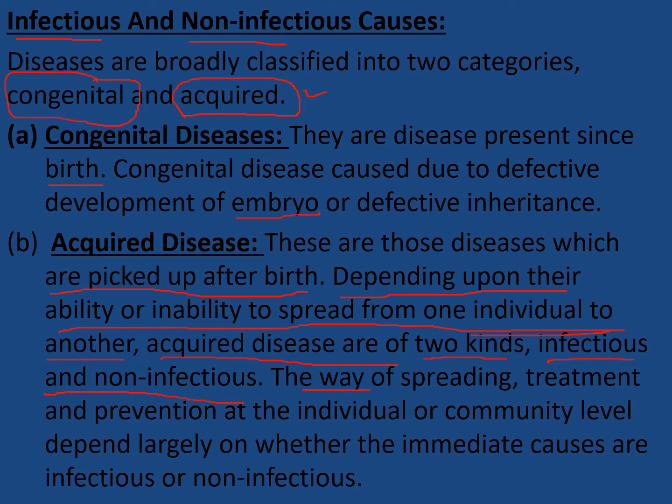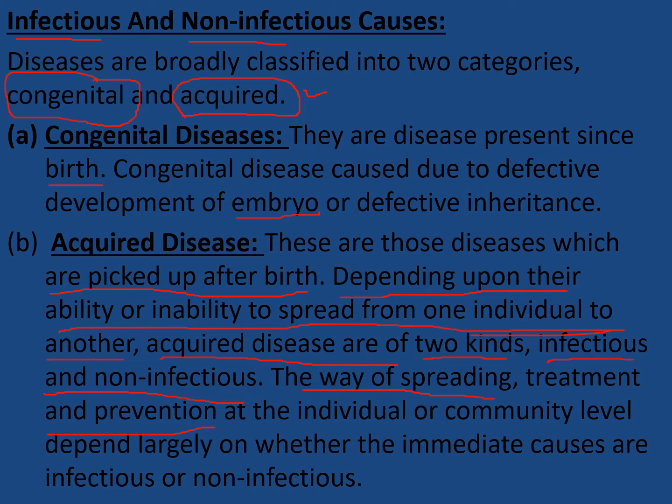The way of spreading, treatment and prevention at the individual and community level depends largely on whether the immediate causes are infectious or non-infectious. That means we observe whether the disease is infectious or non-infectious.